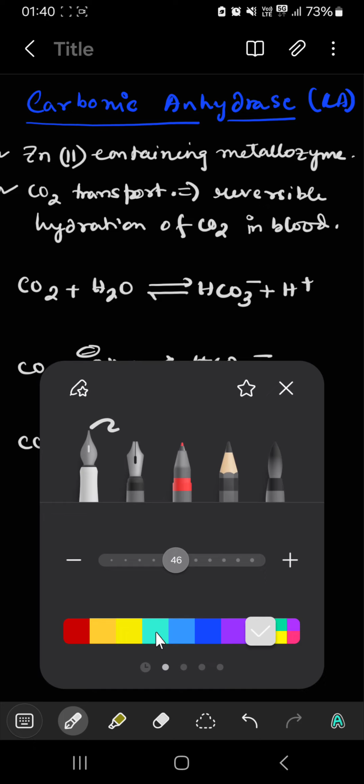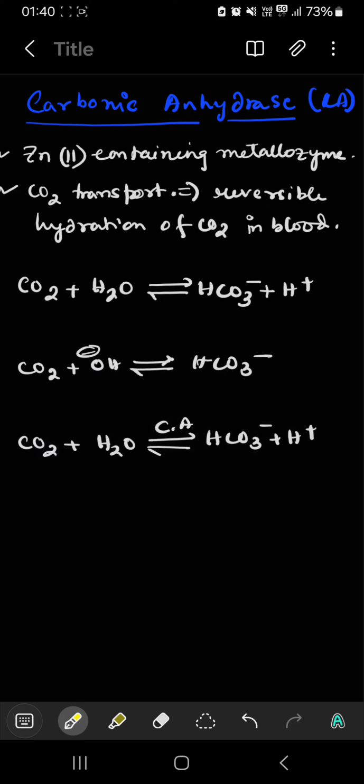Now let's write their respective pH and rate constants. In the first reaction, the pH is the physiological pH, that is the biological pH, that is the pH of our blood.